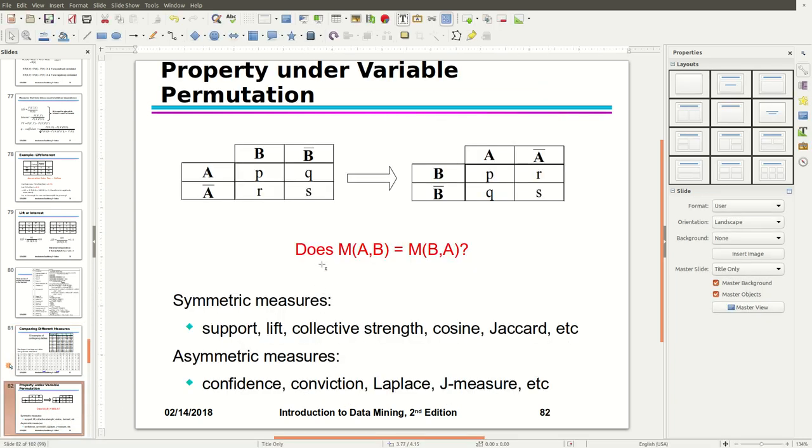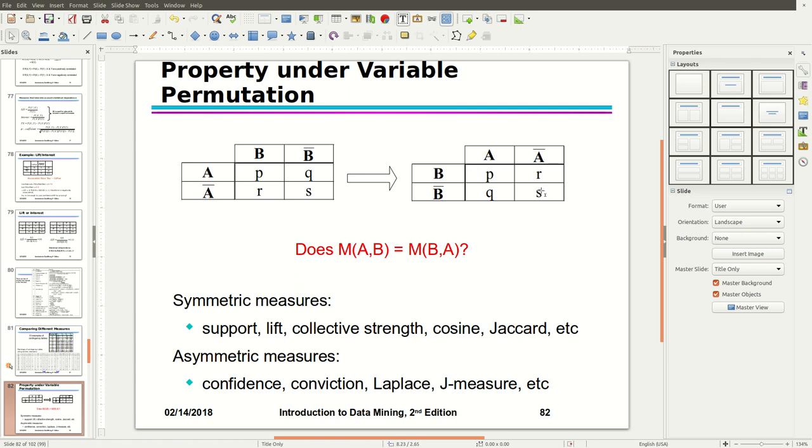So we have different situations, like when we have this contingency table, and these are values, like how many times, maybe p times they together appear, q, r, s. These are again contingency numbers, and if we revert it, we have A and A naught, B and B naught, and we put in the same numbers.